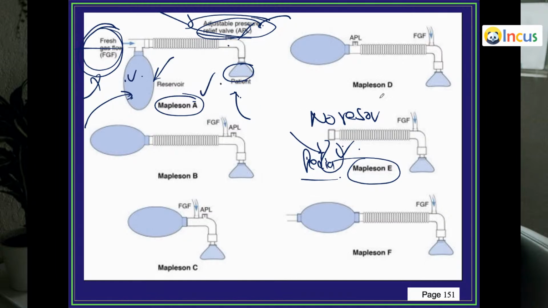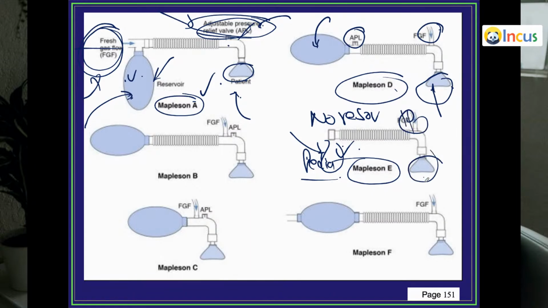That is Mapleson A. But if you look at Mapleson D, there is a bag, there is an APL, and the fresh gas flow is immediately going to the patient. Similarly, the fresh gas flow and patient are close to each other in E and also in F. Do you have an APL valve in Mapleson E?